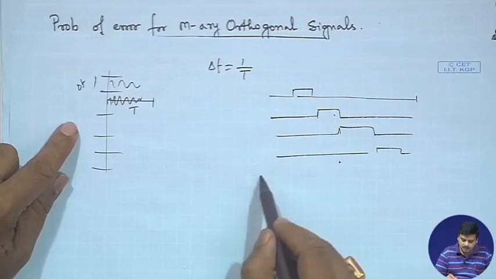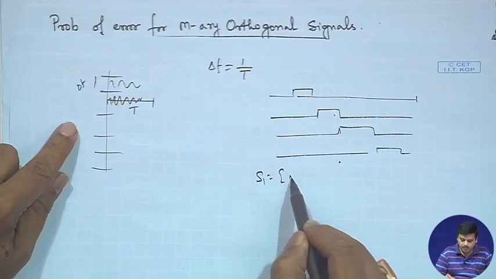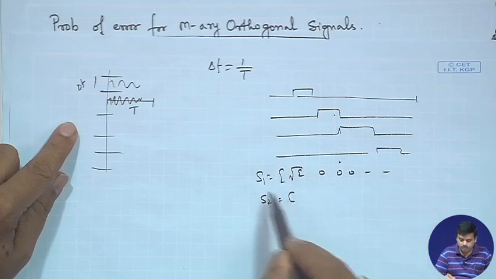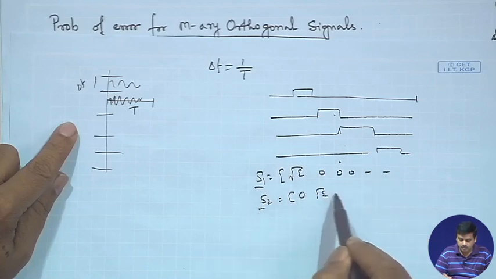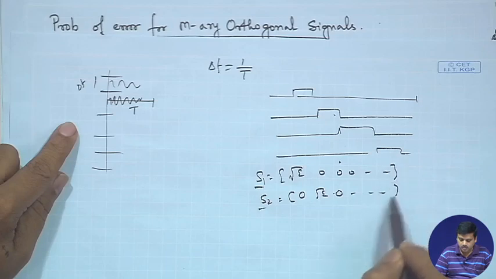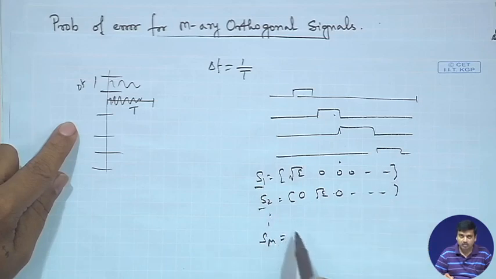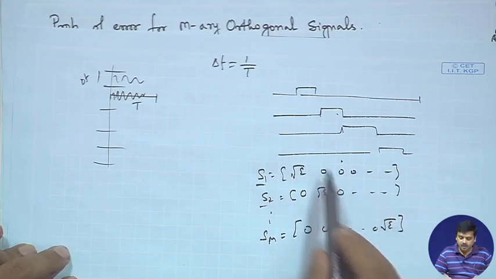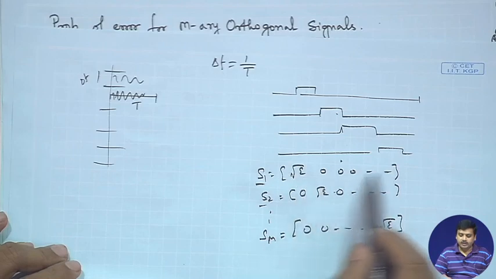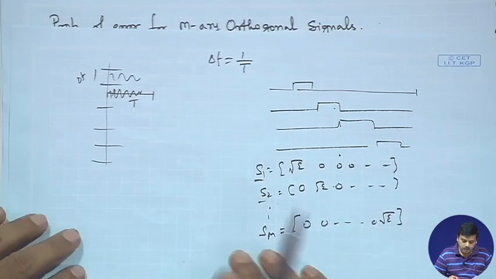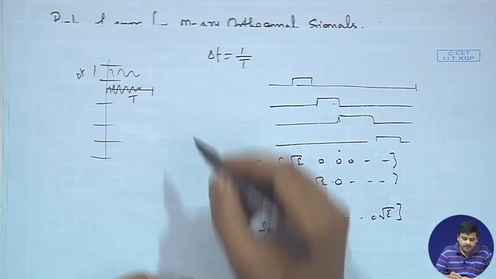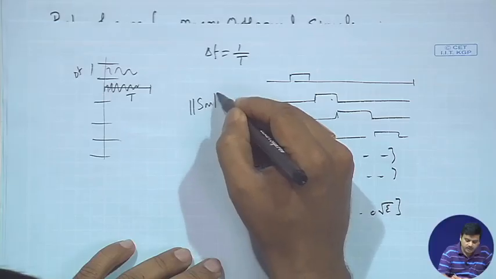So, in this case our signals were vectors that had the same energy, but had only one component and the rest of them were 0.